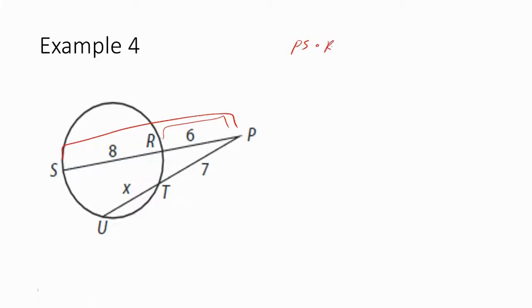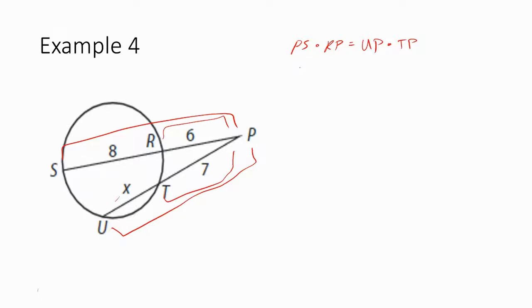So RP, and that should equal UP or PU times the exterior, which is 7, which is TP. UP times TP. All right, say that 10 times fast. Freak out the sub. All right, there we go.